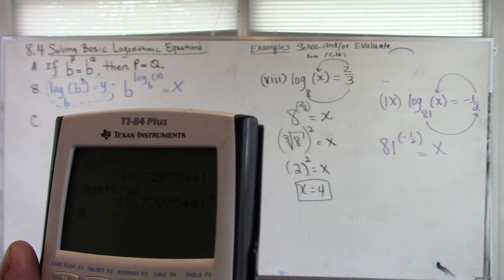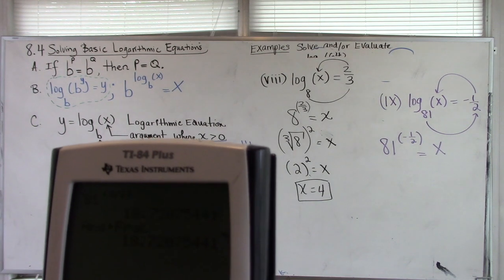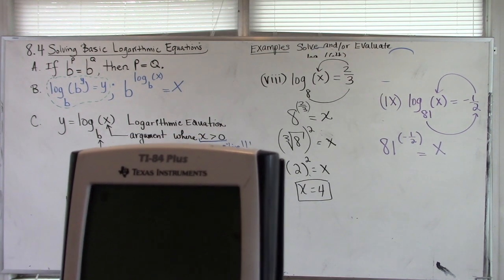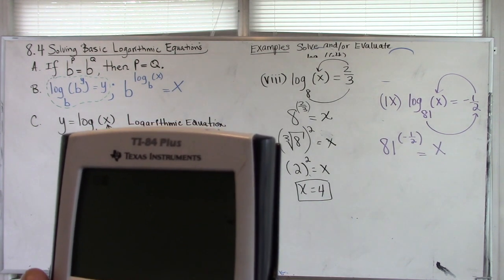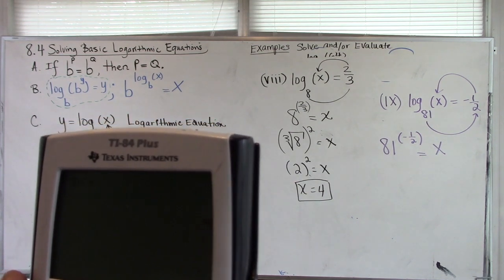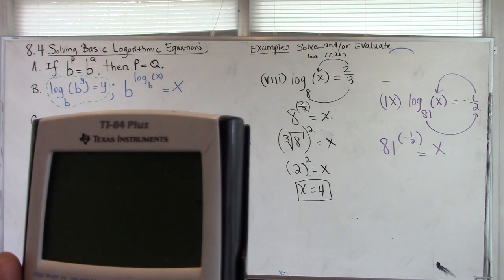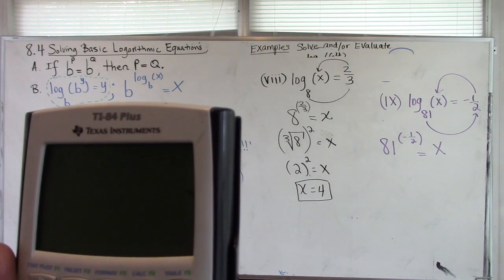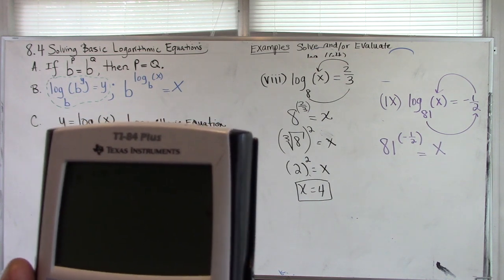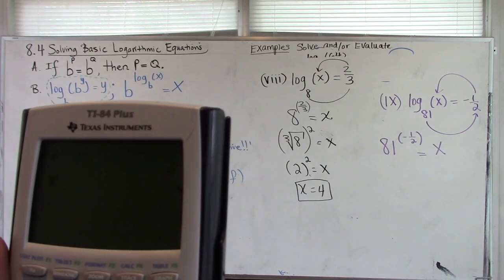And, oh, what am I doing? That's not 81, that's just an 8. Okay, doing the most. 8 to the parentheses 2 divided by 3, close, arrow to the right, hit enter.